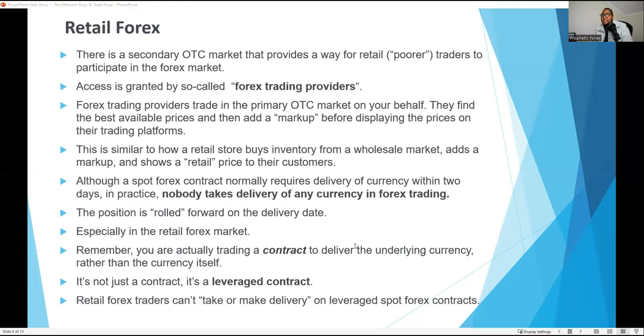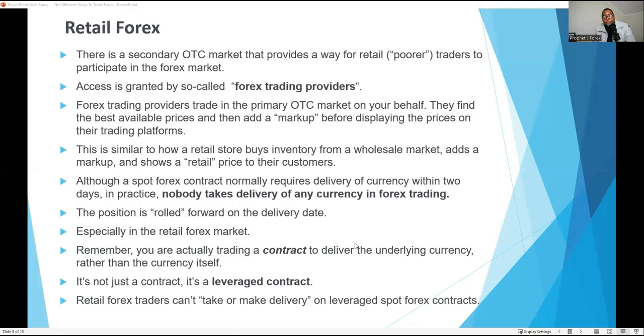Retail traders participate in the forex market. Access is granted by so-called forex trading providers. These are what we call forex trading brokers. Forex trading providers trade primarily in the OTC market on your behalf. So they basically find the best available prices, then they mark it up before displaying the prices on their trading platforms.